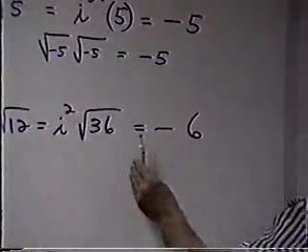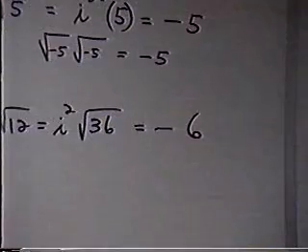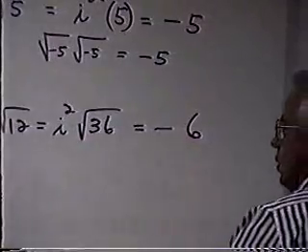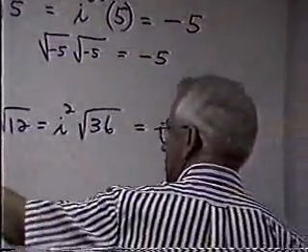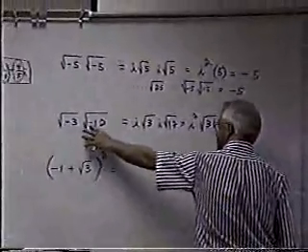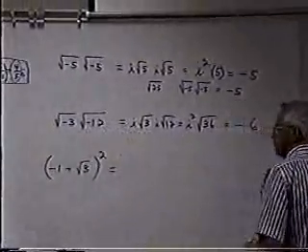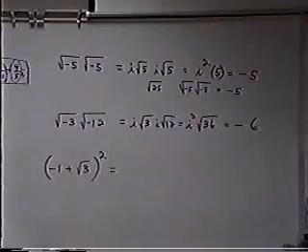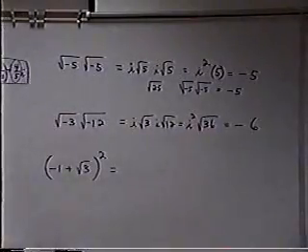The square root of 36 gives us 6. Okay, so we have to be careful of that. So what I'm saying to you basically then is if you have the square root of negative numbers, you get rid of that minus sign there by putting an i out in front of the square root. And then you work with whatever's left underneath the square root sign.